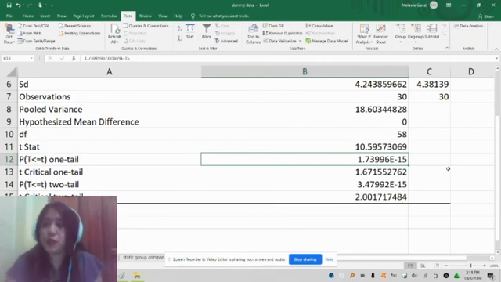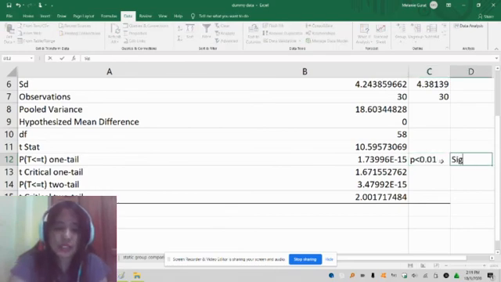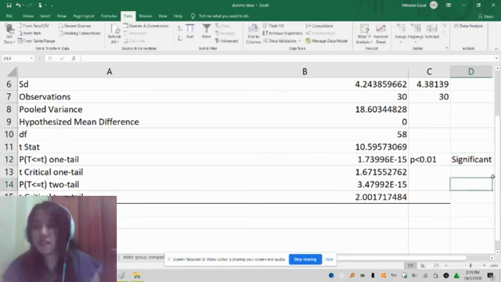Converting it into non-scientific notation, it is 0.00000000000000173996. So it is almost 0, which means P is less than 0.01. Again, the result means that it is significant.